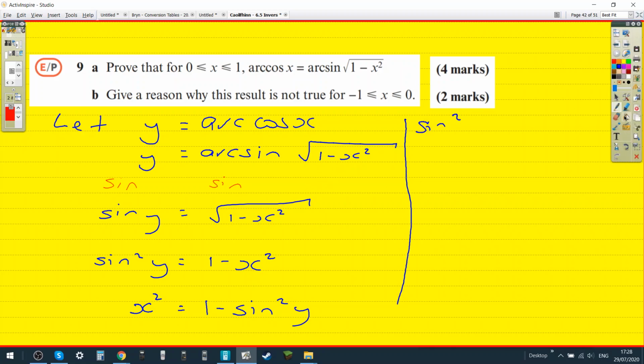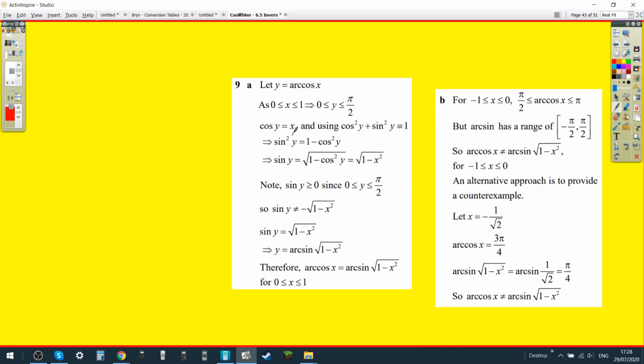Yeah, sine squared y is equal to 1 minus x squared. And so arc sine, let's just work backwards kind of. I don't know if I'm even on the right track.